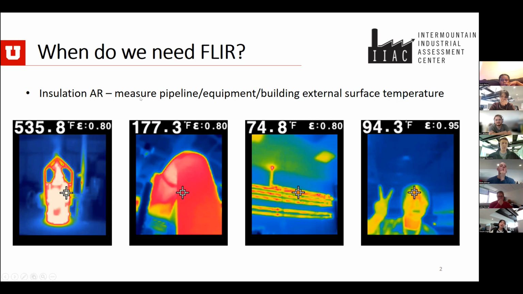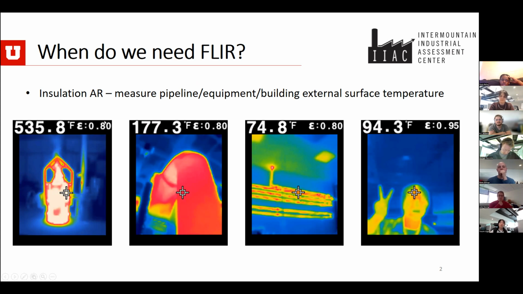I have checked on our AI checker and noticed that in most situations, we need the FLIR for something like an installation AR, where you want to calculate how much heat you lose from something, for example from a pipeline, a boiler, or some oven.